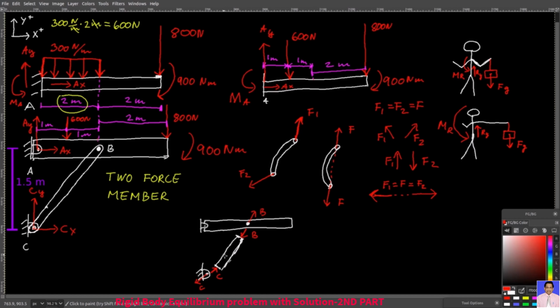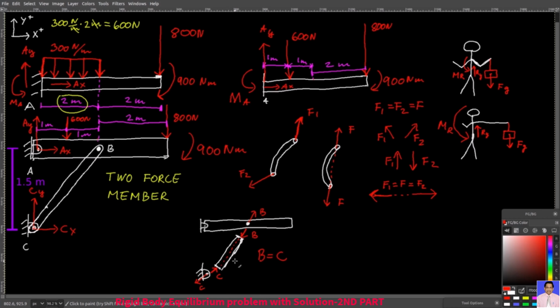If we mentally separate this BC member from the rest of the structure, then the BC member, in this case, is in compression. It's compressed. Since the entire structure is in equilibrium, the aforementioned three conditions are met, and thus B equals C in terms of their magnitudes, they're opposite in direction, and they have the same line of action.